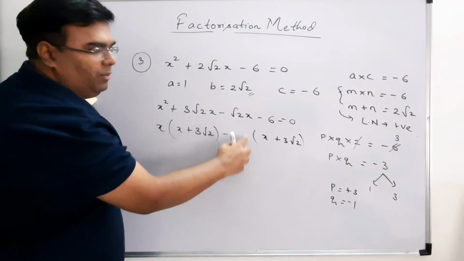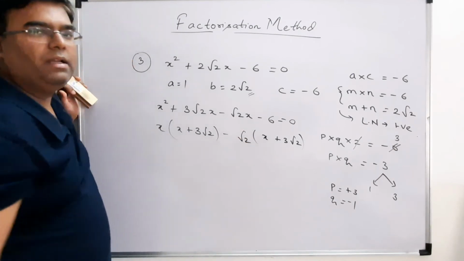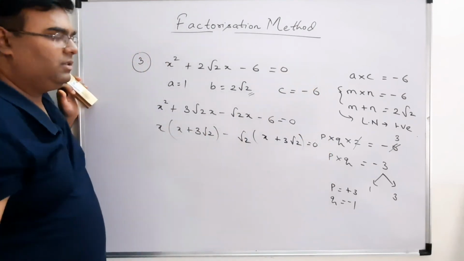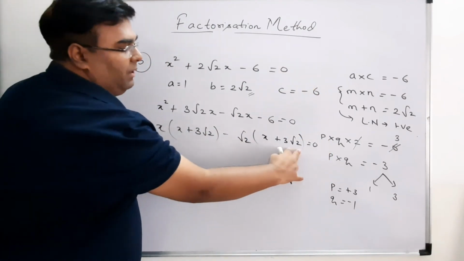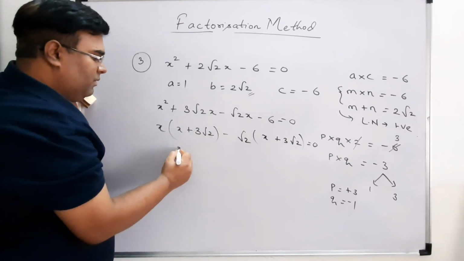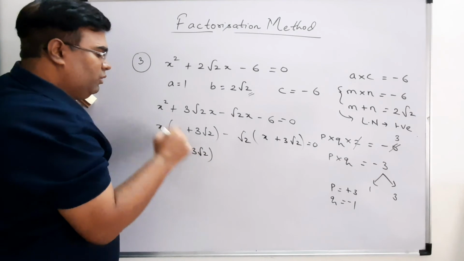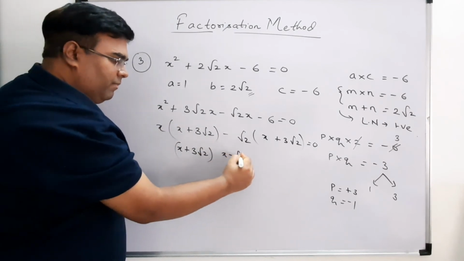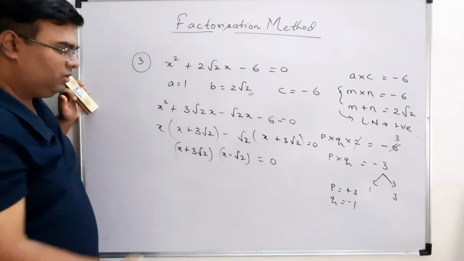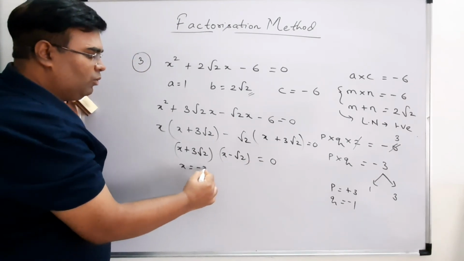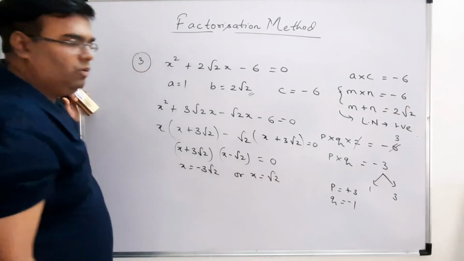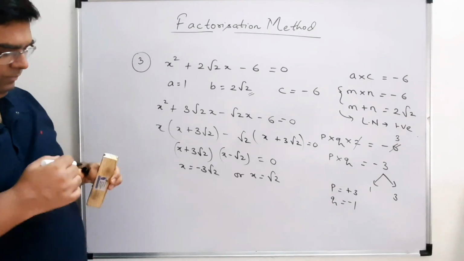X is there, so what should be coming here? Minus root 2. It will automatically come clearly. So minus root 2, if you multiply it by 3 root 2, you will get minus 6 only. So here x plus 3 root 2 is common, and x minus root 2 is the other factor, which is right. So from here you can get x is equal to minus 3 root 2 or x is equal to root 2.